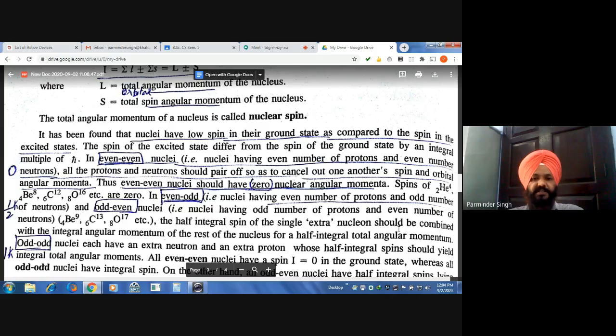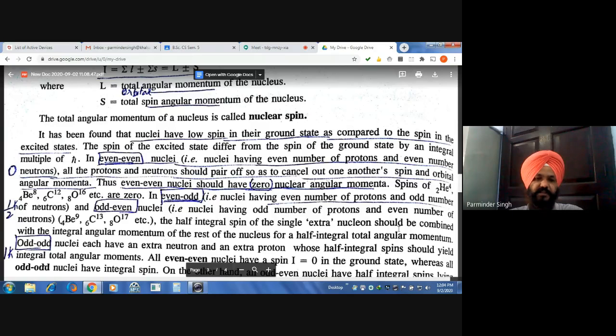Next, the condition is even-odd. Even-odd means nuclei having an even number of protons and an odd number of neutrons. And odd-even also exists: odd-even nuclei have an odd number of protons and an even number of neutrons.